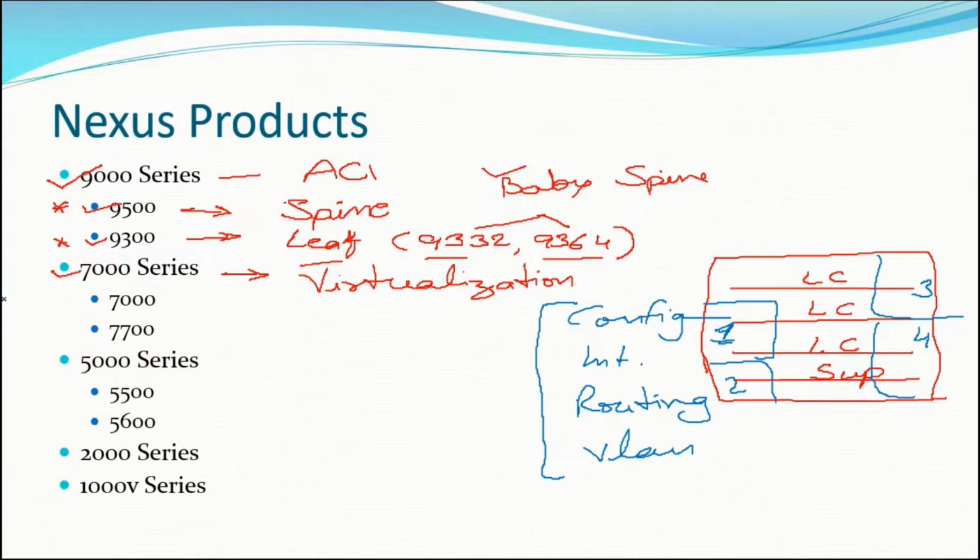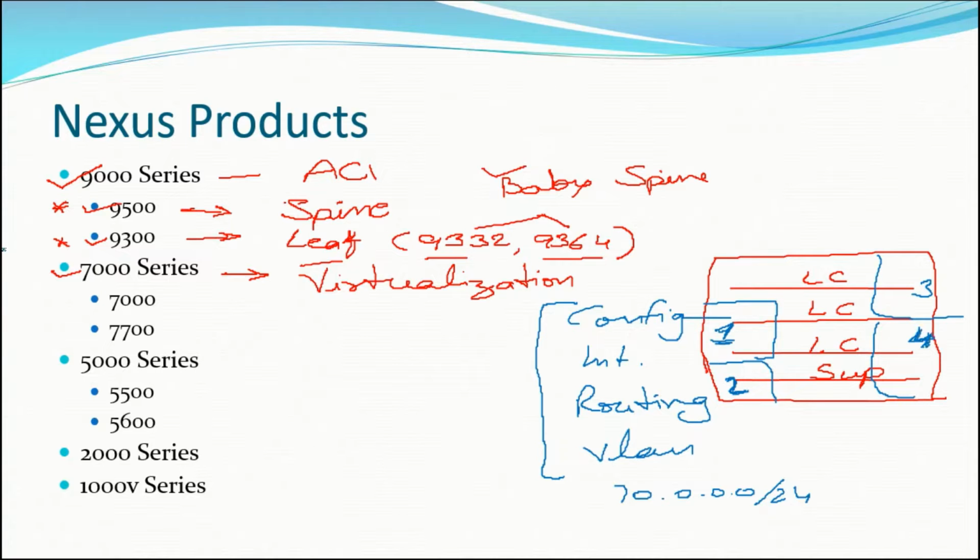Either virtual switch 1, virtual switch 2, 3 or 4, any one. Even the subnets: if we use one big subnet in switch 1, then the same subnet can be used in switch 2, switch 3 or switch 4.